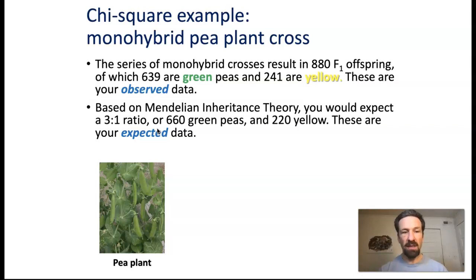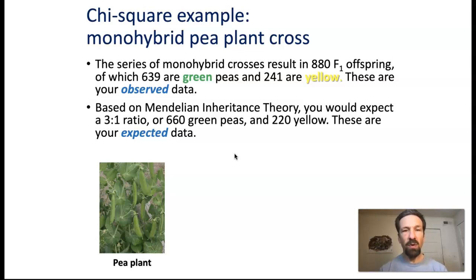we will go through the math step by step for this example of a monohybrid pea plant cross. This is a cross that we expect to show simple Mendelian inheritance with one dominant trait, one recessive trait, and the ratio that would result. So presumably we had some true breeding green peas and some true breeding yellow peas way back in the parental generation, and those were crossed together to make F1 plants.